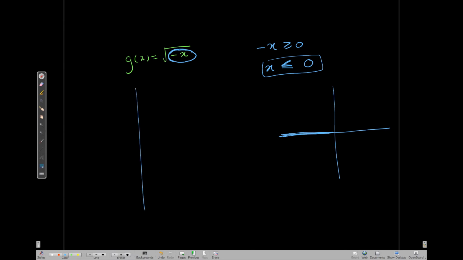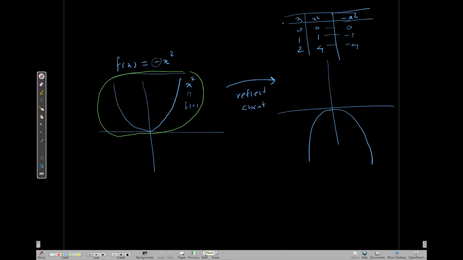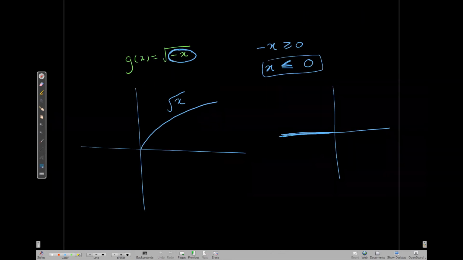Which makes sense according to our theory part. If I start with the square root of x as my base function, and x is replaced by negative x, it will reflect about the y-axis. The y-axis is behaving like a mirror now, which perfectly makes sense with our domain.